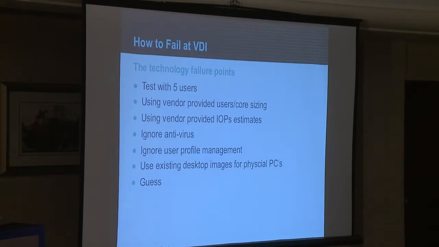They are simply passing down marketing material to you, and I don't know that they are all that invested in your success. I think you really need to take the initiative to determine how many VMs per core you're able to do and how many IOPS per desktop you're going to have, because every environment is unique, and vendors' numbers are not based on your application sets.